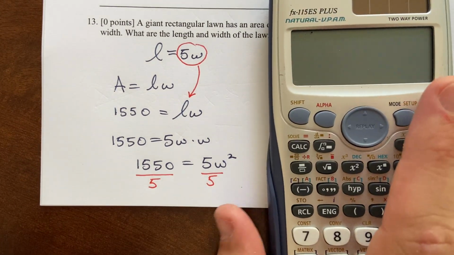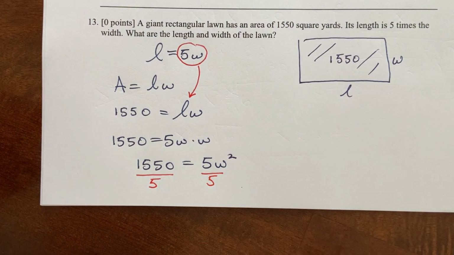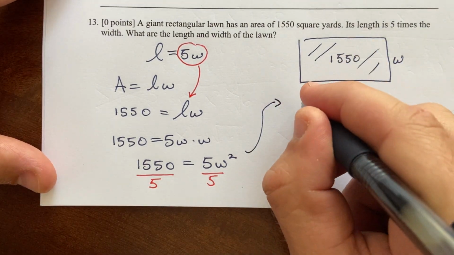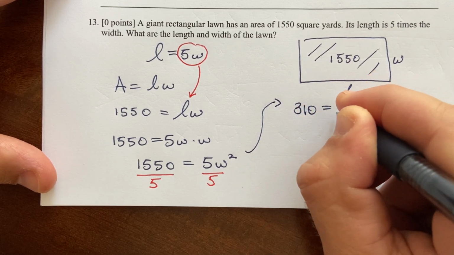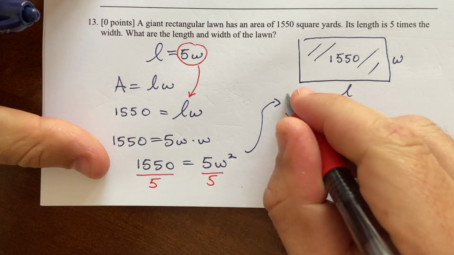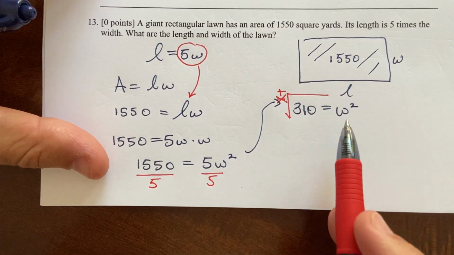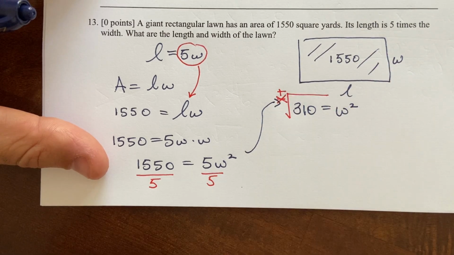So 1550 divided by 5 is 310. So 310 equals W squared. Take a square root. Again, plus and minus technically, but we're measuring the width of a rectangle, so it's not going to be a negative width.